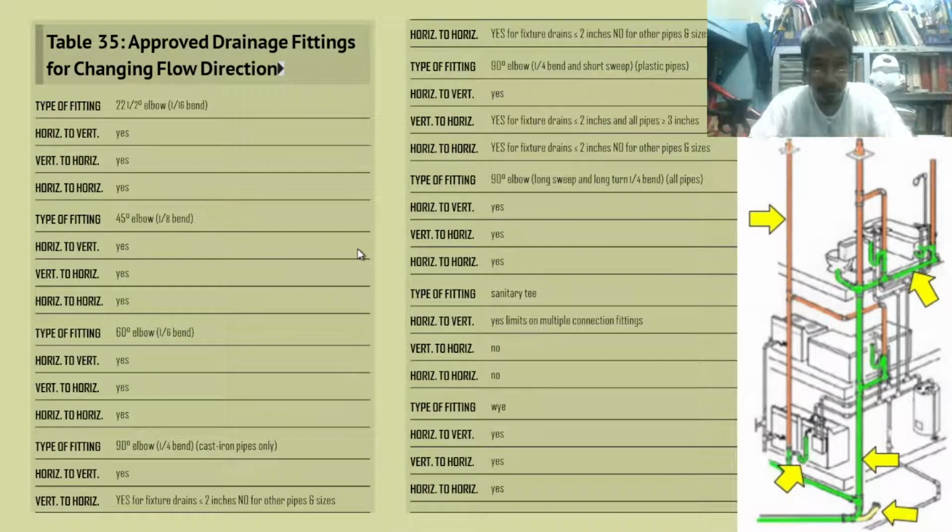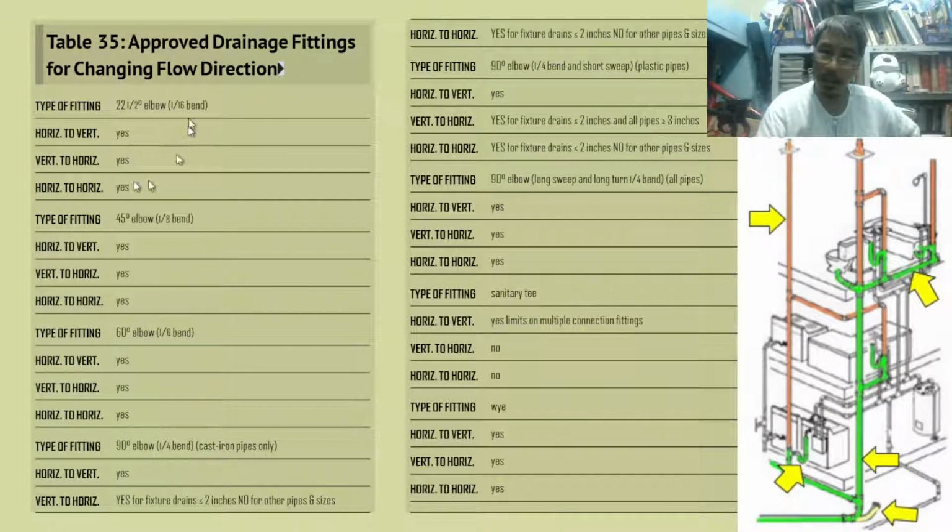So tables of approved fittings list them for changing flow direction. You can have 22.5 degrees, 45 degrees, 60 degrees, 90 degrees. Where do you want to use it? 22.5 degrees: horizontal to vertical, vertical to horizontal, horizontal to horizontal.